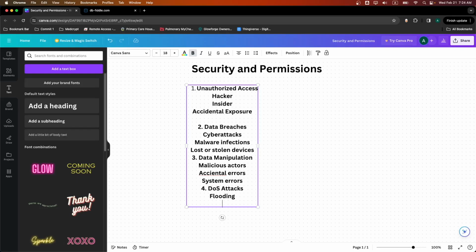Then there is exploiting vulnerabilities, meaning attacking specific weaknesses in your system to crash or disable it. That's another DoS attack.